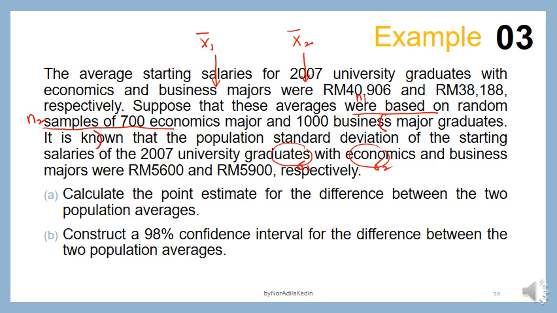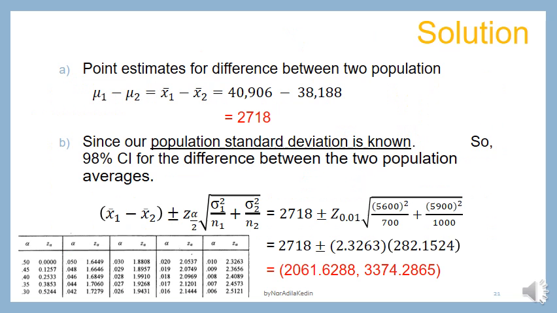Okay, so to calculate the point estimate, simply ambil x bar 1 minus x bar 2. Okay, sebab apa tadi di awal-awal tadi saya kata untuk estimate population mean kita estimate pakai x bar. Untuk estimate standard deviation kita estimate pakai s. So dia suruh cari point estimate for the difference between two population.